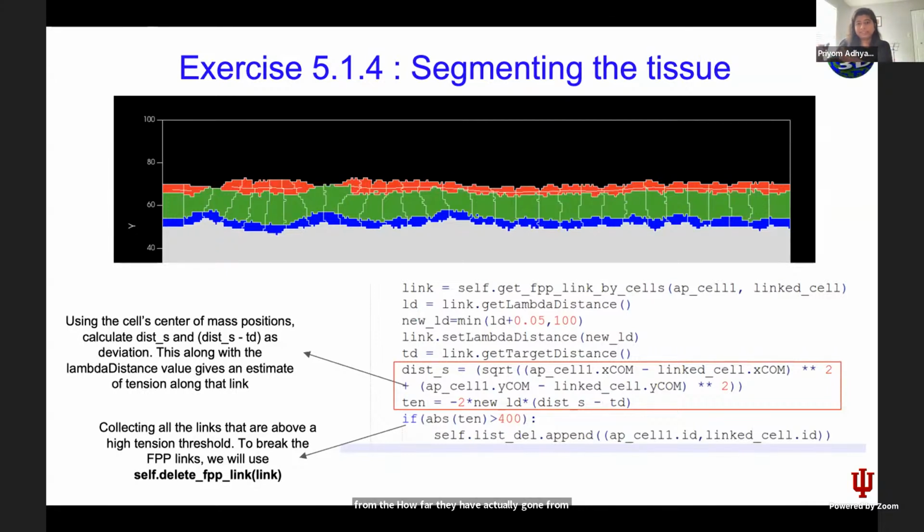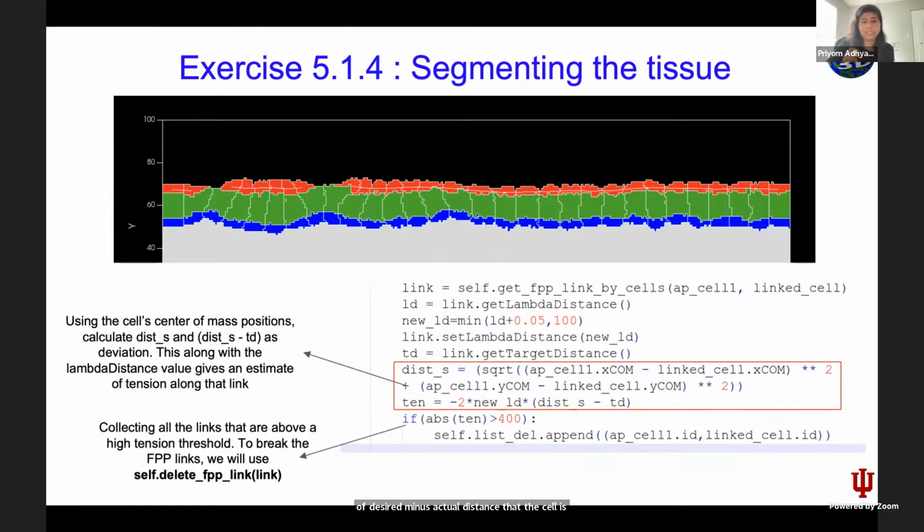Note for each of these cells, we were also systematically increasing the lambda distance values. So in the final tension calculation, if you remember the original Hamiltonian that Julia showed you, that lambda value is also going to come into play. So the quantity that we're going to look at here is tension, which is the lambda value for each of these cells multiplied by the desired minus actual distance that the cell is able to adopt.